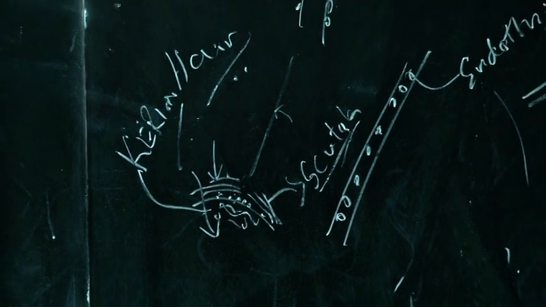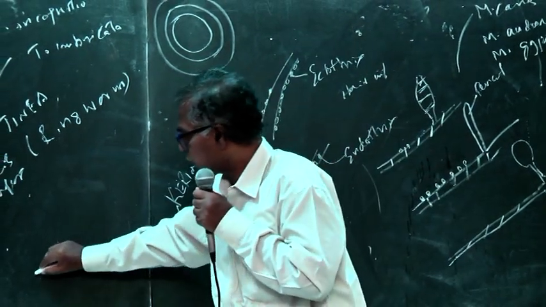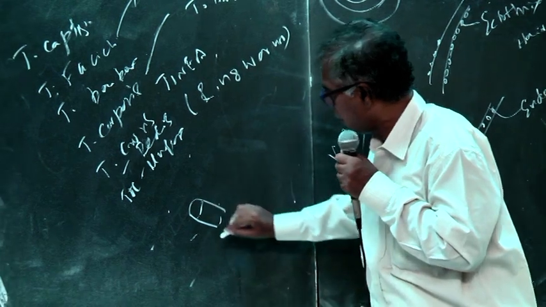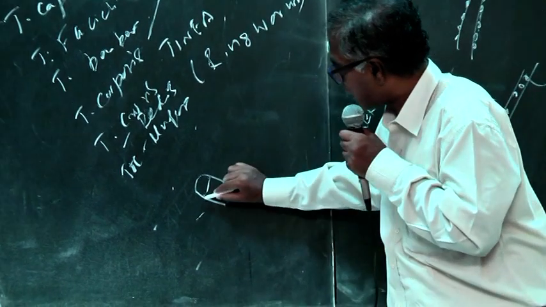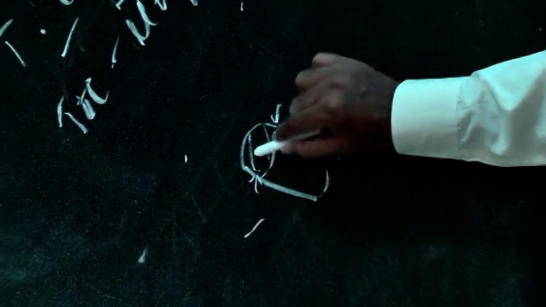Then tinea corporis, tinea unguium, how is that in the nail bed? If you imagine this is a nail, the dermatophyte infection starts from the lateral side of the nail and then enters into the nail.